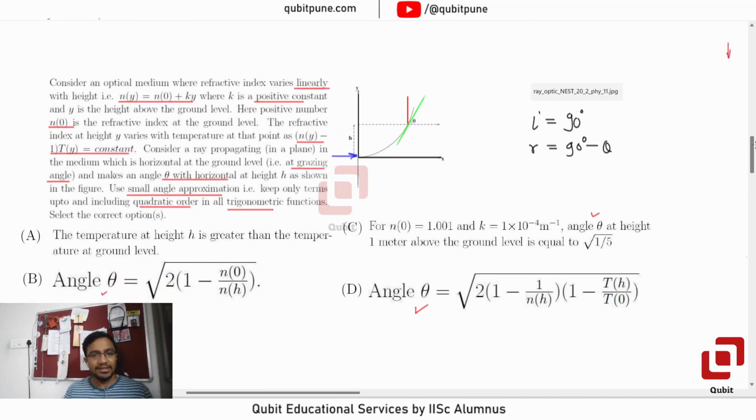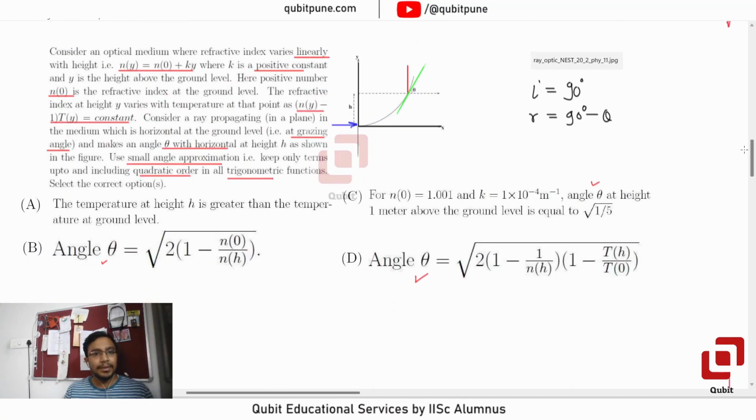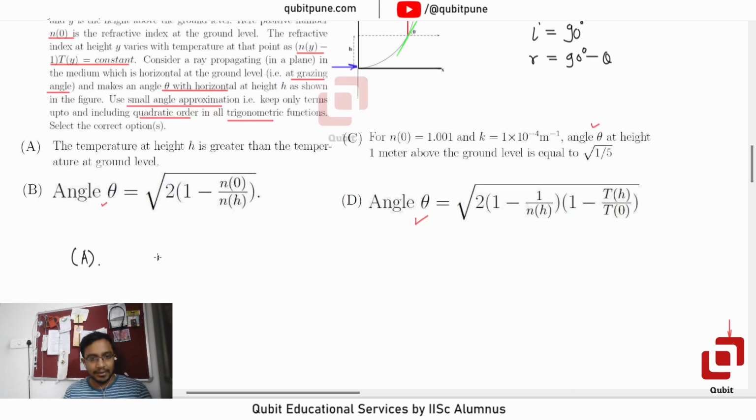What is the connection between temperature and refractive index? (n(y) - 1) into T(y) equal to constant. So that's the relation that they have given us.